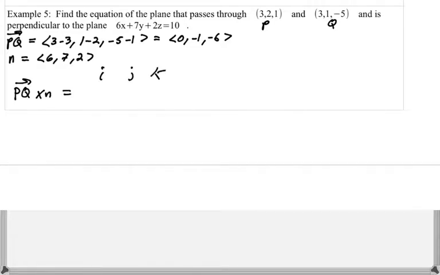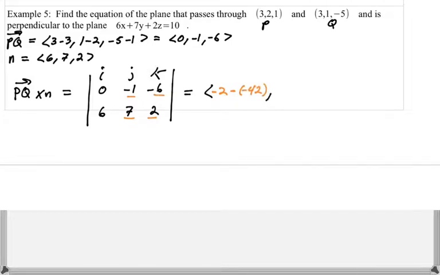IJK. So 0, -1, -6. 6, 7, and 2. -1 times 2 is -2. Minus 7 times -6. It's going to be -42. Remember, the J component is the opposite sign. So we got 0 times 2, which is 0.